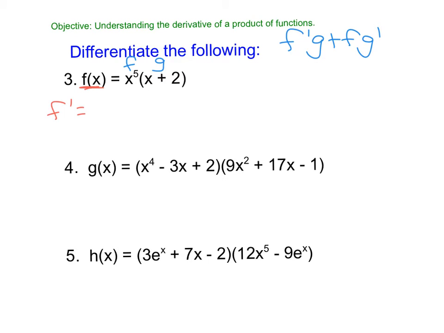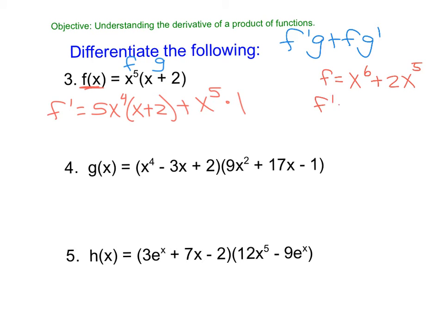So the derivative of the first, 5x to the fourth, times the second, plus the first, times the derivative of the second. Because you could easily distribute there and rewrite it as x to the 6th plus 2x to the 5th. If you do that, if this were me, I would probably do it this way.